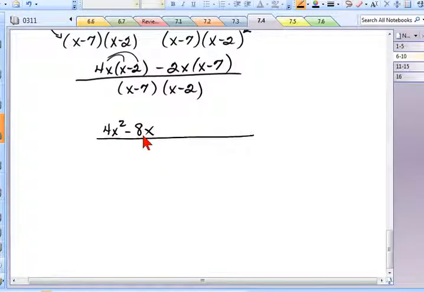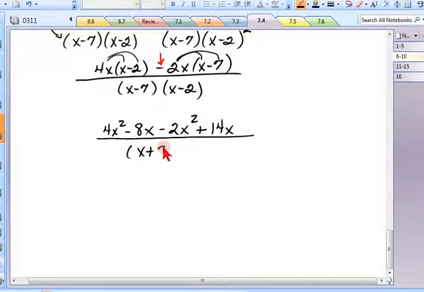What am I distributing to the second group? Negative 2x. It was a subtraction problem, so you really want to be aware of that. So negative 2x times x is negative 2x squared. Negative 2x times negative 7 is positive 14x. And if I was going to pick one place to find a mistake in somebody's problem, it probably would have been this sign right here.